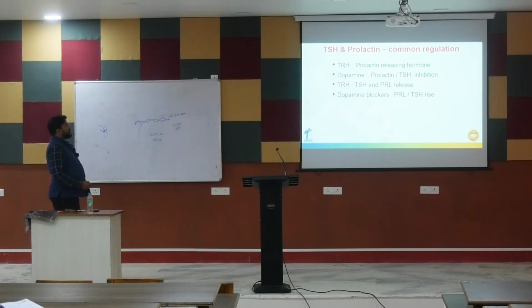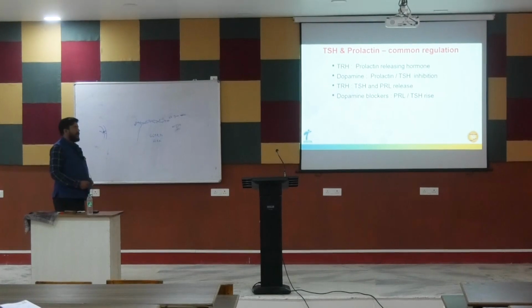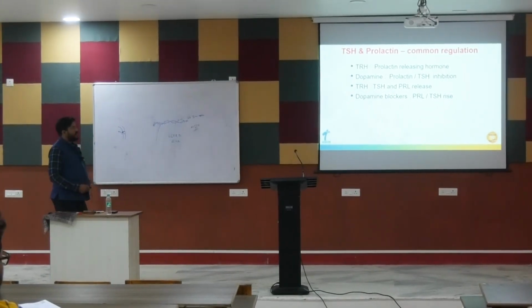Thyrotropin releasing hormone also releases prolactin. Dopamine inhibits the release of prolactin and TSH. So whenever there is TRH release, there is also prolactin release along with the TSH. More the TRH, more is the TSH and prolactin.